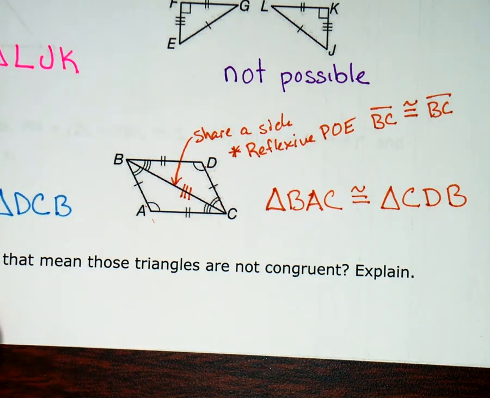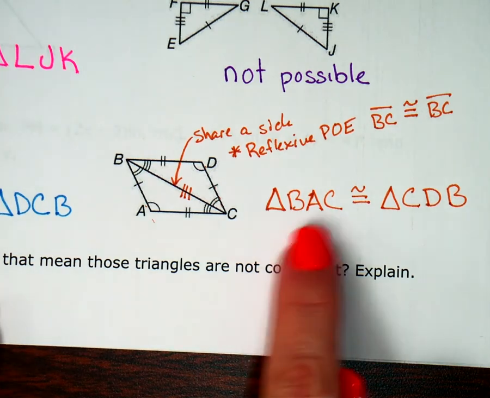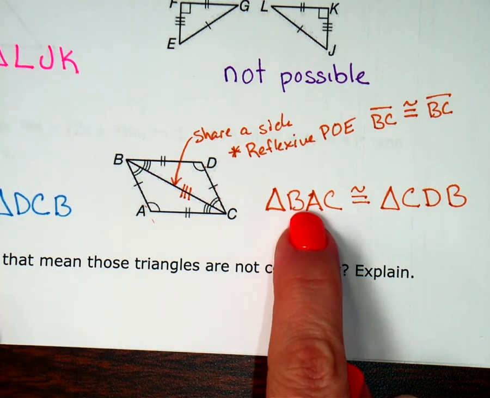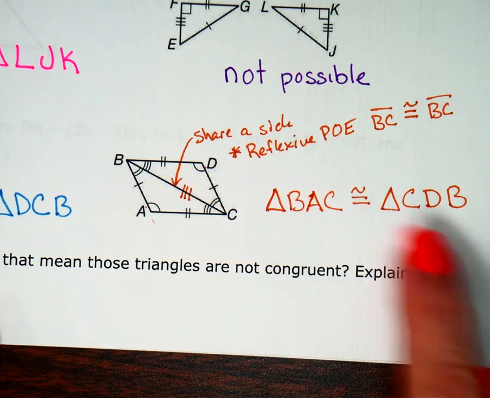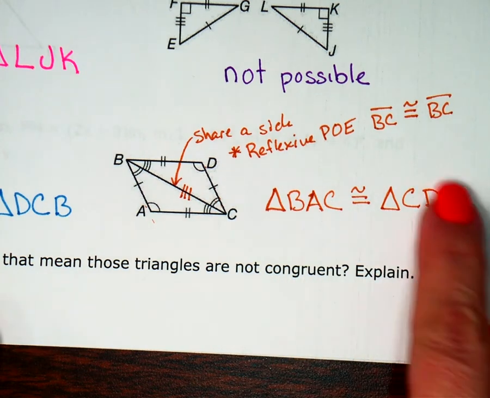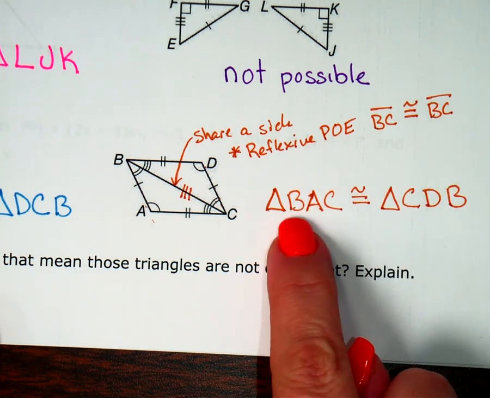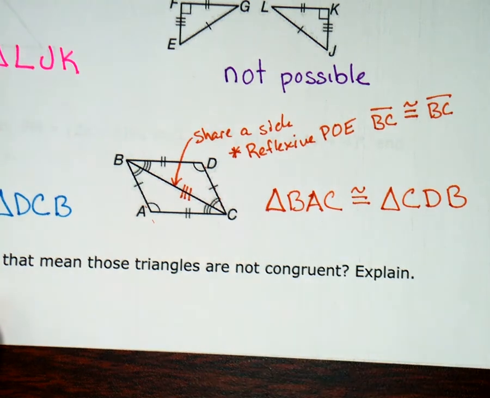And again, you could get different answers for this, because if I change the first one to ABC, then this one would be DCB. The second one will always be dependent on what you choose for the first one.